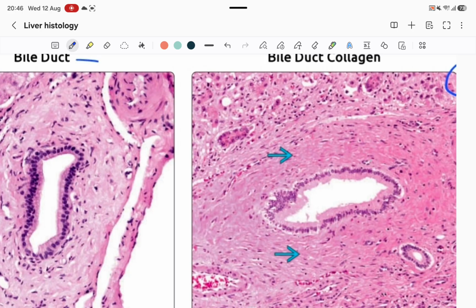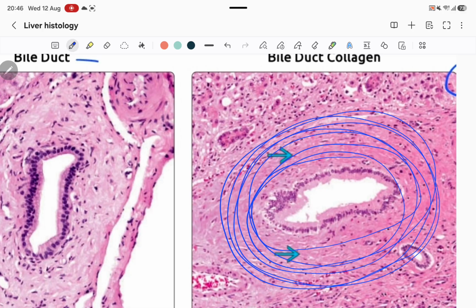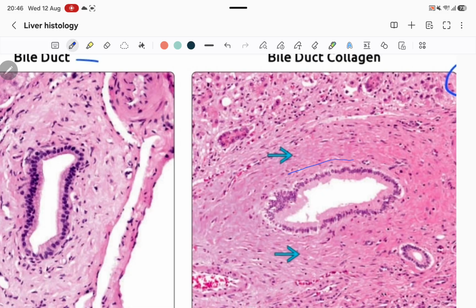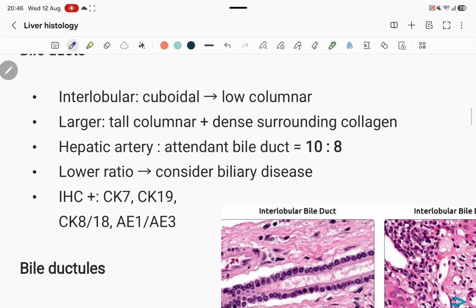In primary sclerosing cholangitis, around the duct there will be an onion ring sign because it's going to be sclerosed. However, this is normal, because this is dense collagen, as we know from histology, that surrounds the larger tall columnar ducts.